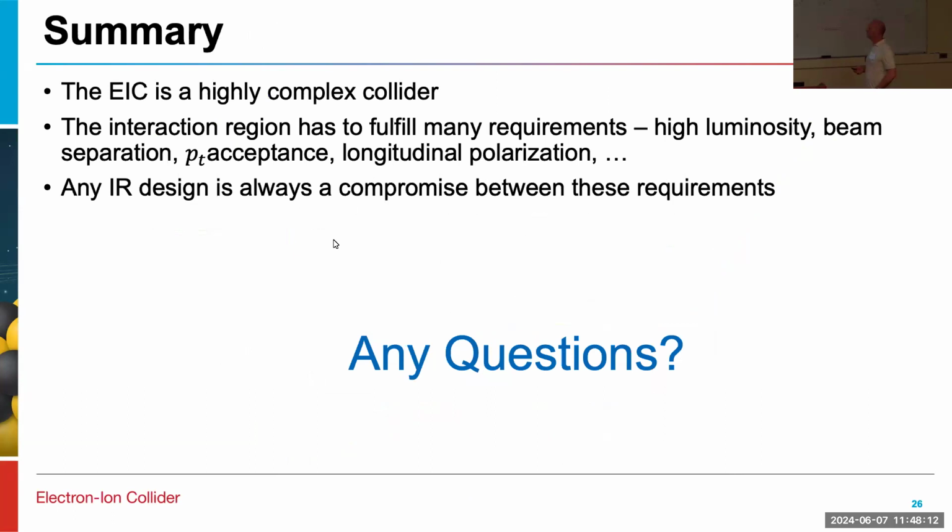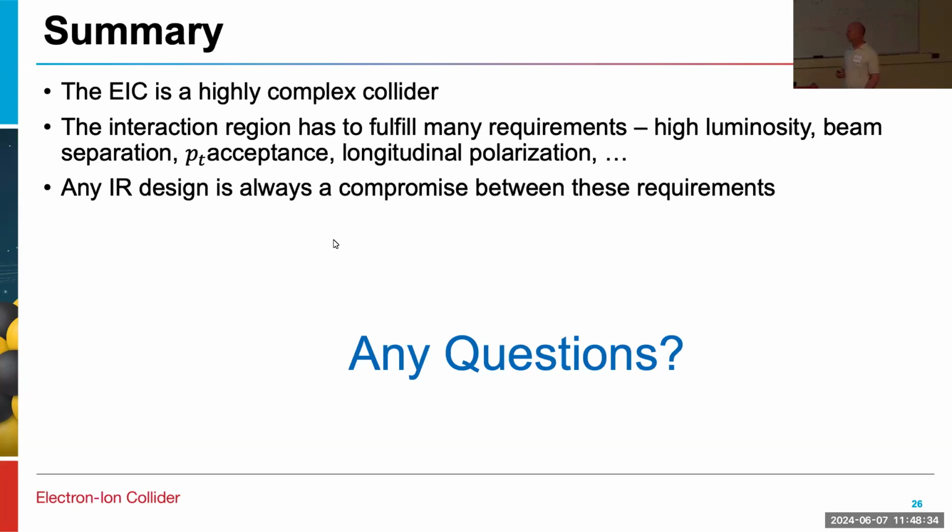Wow. So I think I gave you an idea that the EIC is a really highly complex collider. It is honestly much more complex than, for example, the LHC, because we have different particle species, electrons and hadrons in the machine at the same time.